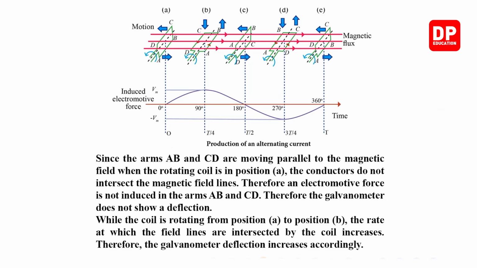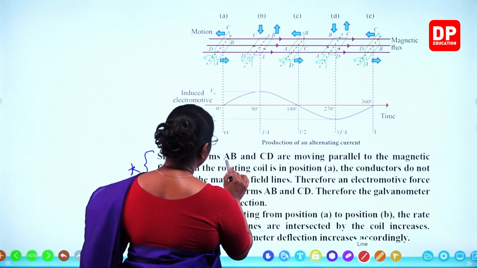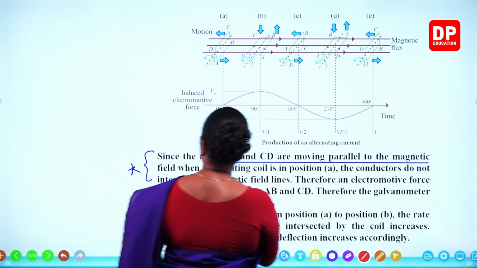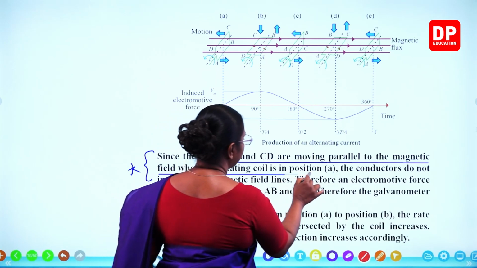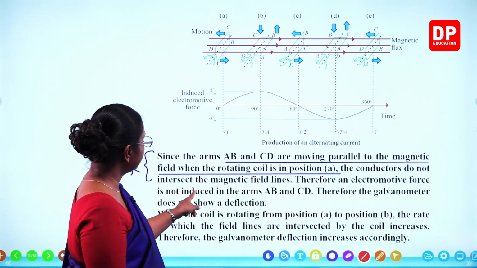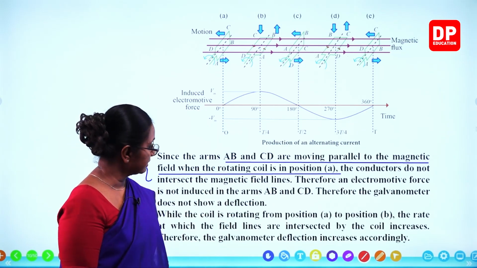So here also, like I explained to you all, since the arms A, B and C, D are moving parallel to the magnetic field when the rotating coil is in position A, the conductors do not intersect the magnetic field lines.